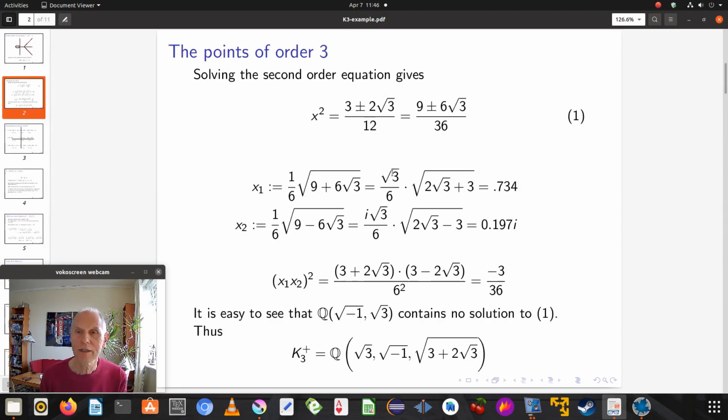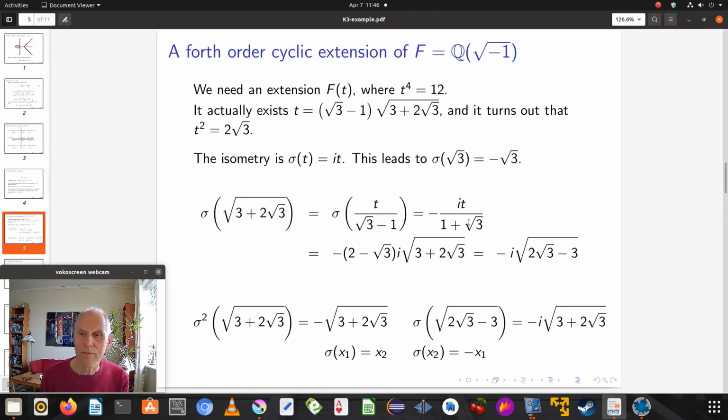defined here. It's square root 3 times this guy. This changes sign, and this. So we see its rotation clockwise 90 degrees, so it has order 4.